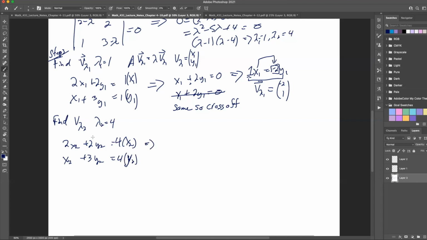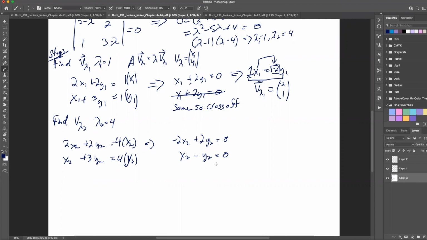This translates, once we move it all over, to minus 2x2 plus 2y2 equal to 0, and then x2 minus y2 equal to 0. Are these two equations the same? The answer is yes, right?